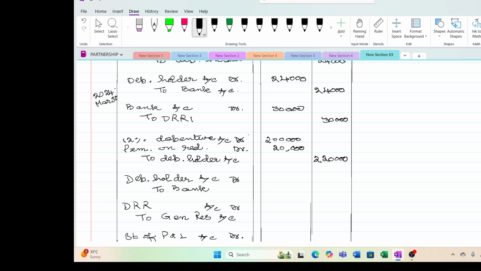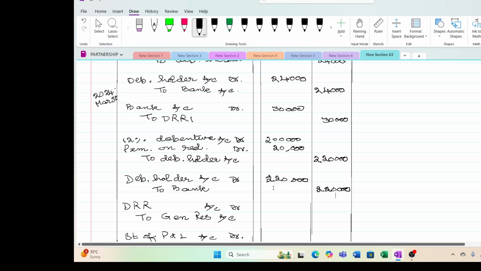Now what we are debiting is the liability which was created in the beginning for this premium on redemption, which is getting reduced every year while making the payment to debenture holders. Okay, so 2 lakh 20,000. You should not think that why I am doing like this. 20,000.